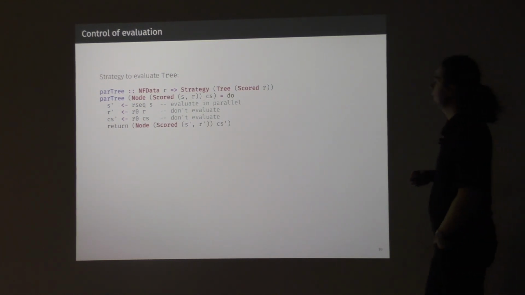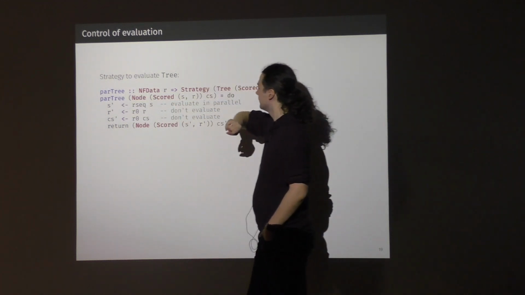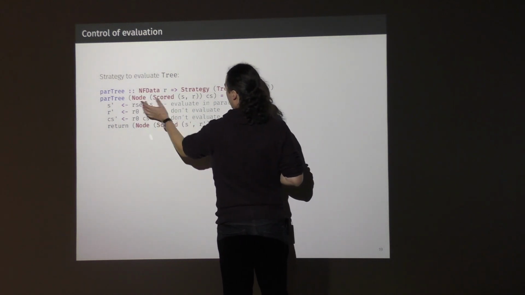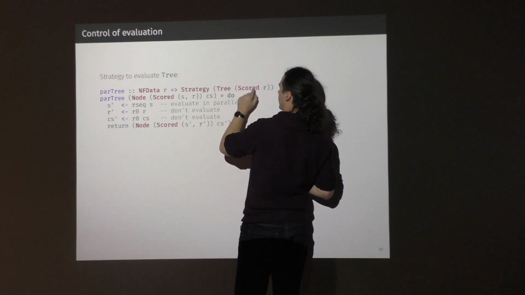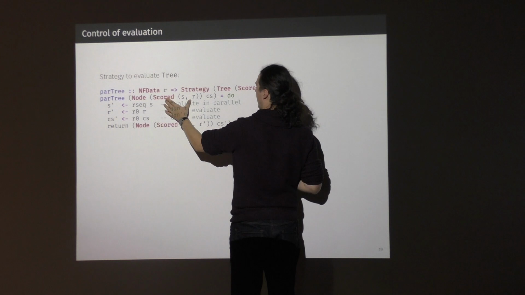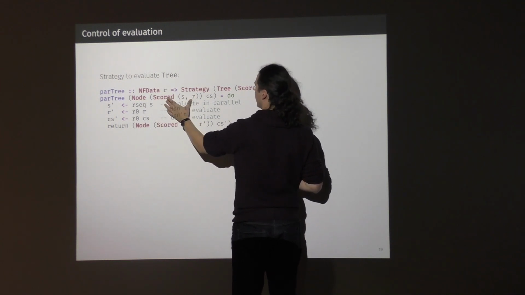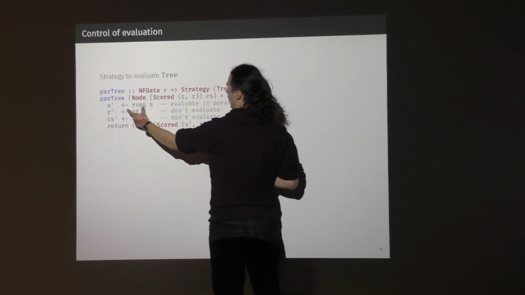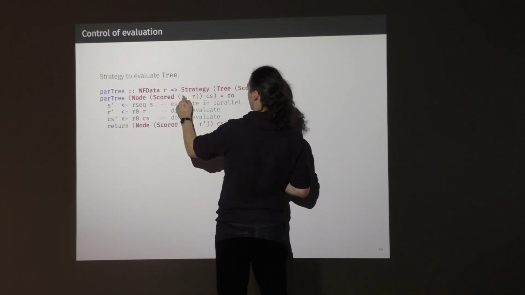So we define a strategy for the tree data type. So we have a node. This is the value of the node, because we are interested in those scored type. So here is a score and here is something, which we don't care that much actually, and the rest. So what we do, we evaluate the weak head normal form, the score, which is a double.